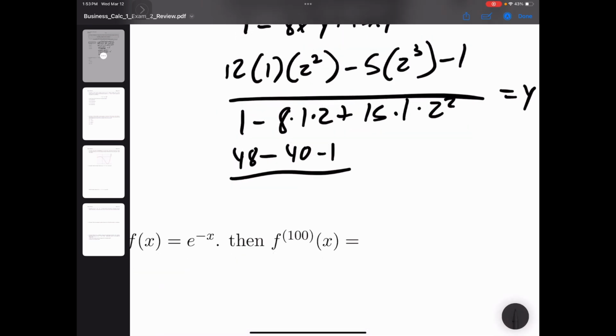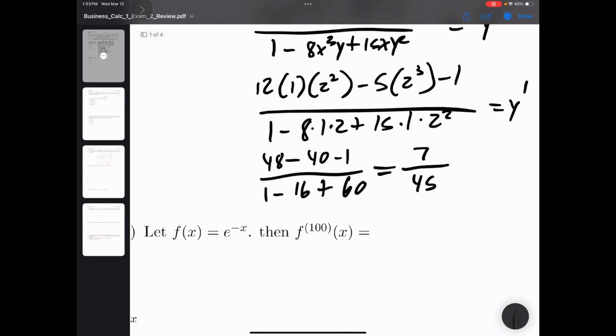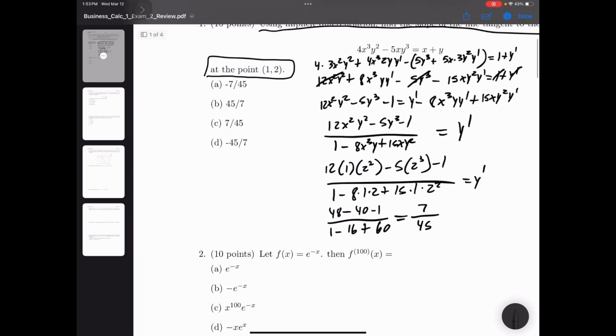Across the bottom, we have 1 minus 8 times 2 is 16, plus 15 times 4 is 60, which gives us 48 minus 40 is 8 minus 1 is 7, over 60 minus 10 is 50, minus 6 is 44, plus 1 is 45. So we get 7 over 45, which is answer C.